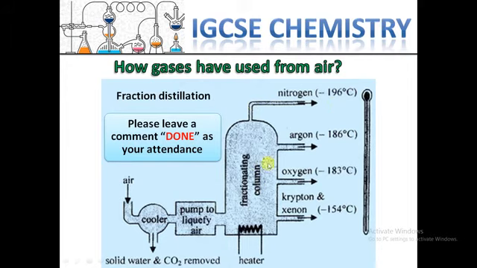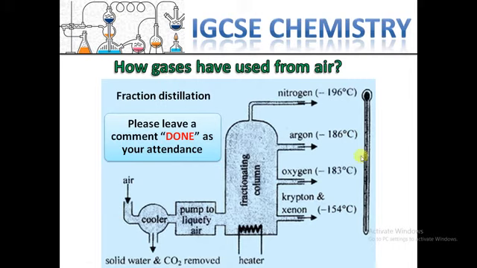Then imagine here we have a big amount of liquid. During the heating, the liquid produces argon. Argon can boil and leave the column after nitrogen, because the boiling point is minus 186, meaning after giving heat, argon can easily become gas.